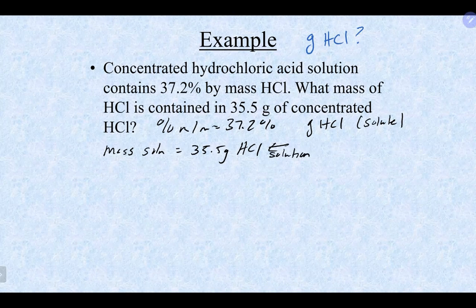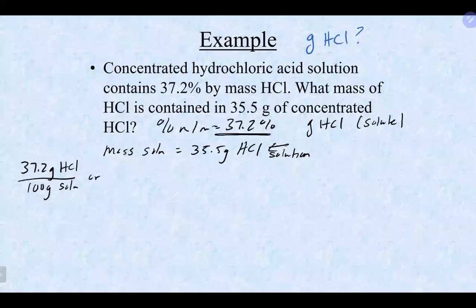We can do it two ways. We could plug it into the equation, or we could do more of a dimensional analysis approach. I'll show you that way here. That means there are 37.2 grams of HCl in 100 grams of solution.